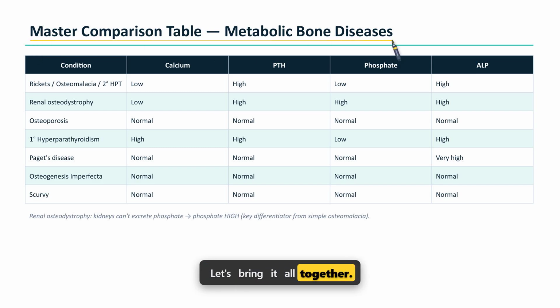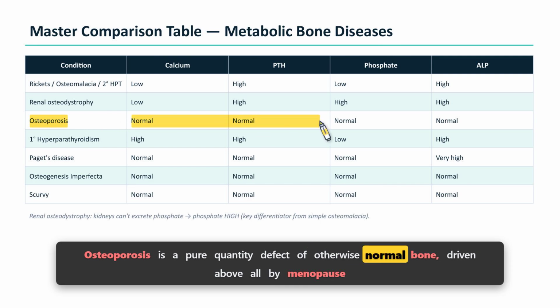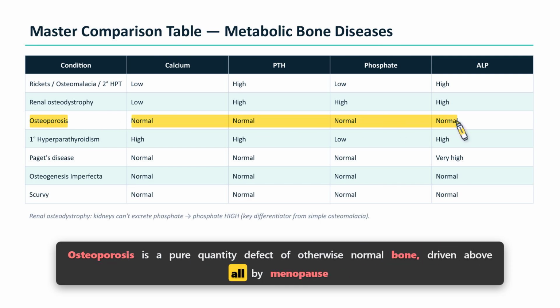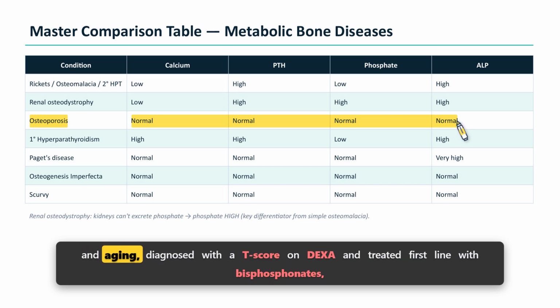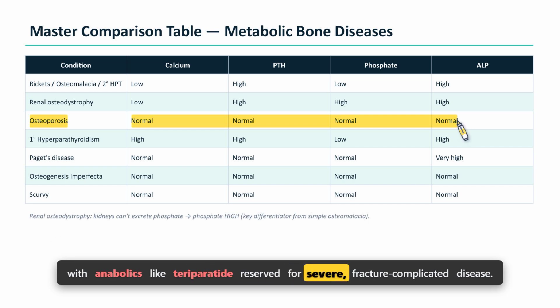Let's bring it all together. Osteoporosis is a pure quantity defect of otherwise normal bone, driven above all by menopause and aging, diagnosed with a T-score on DEXA, and treated first line with bisphosphonates, with anabolics like teriparatide reserved for severe, fracture-complicated disease.